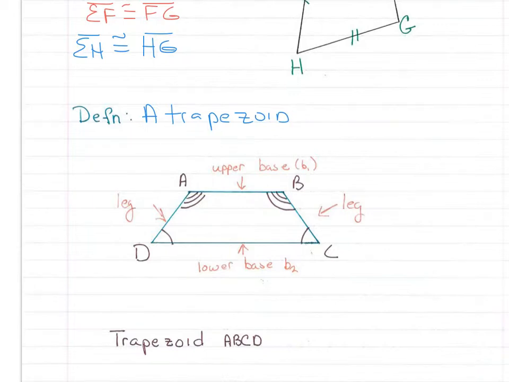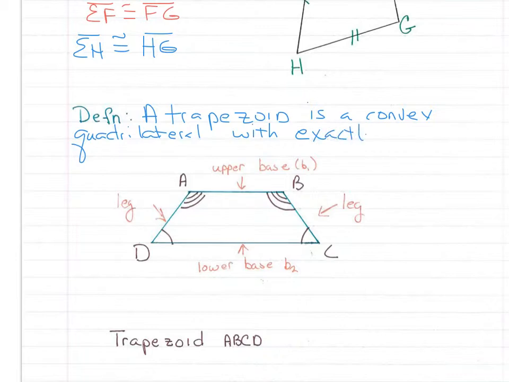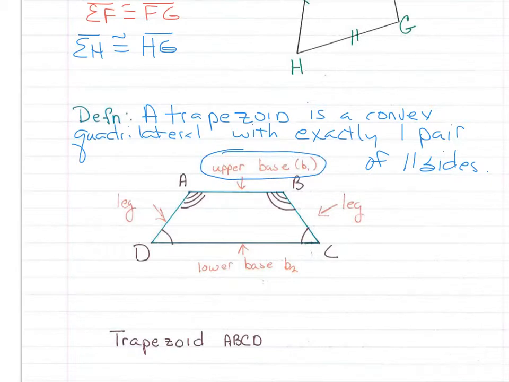is a convex quadrilateral with exactly one pair of parallel sides. Right, those parallel sides are your bases. We have an upper base and we have a lower base.